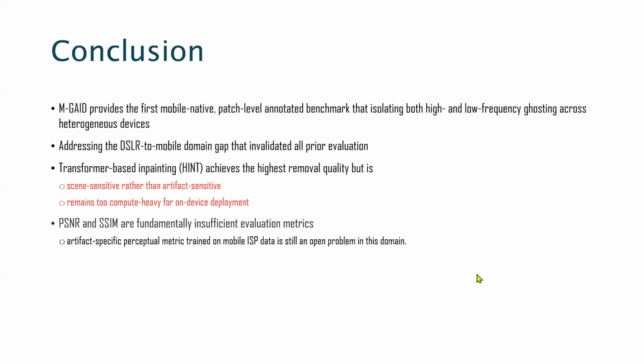We use more than 9 devices, including iPhones, Samsung, and GoPro. We collected 87 plus different scenarios, with 9 or 10 different resolutions, and we address the DSLR to mobile domain gap individually, which hasn't been addressed before 2023.